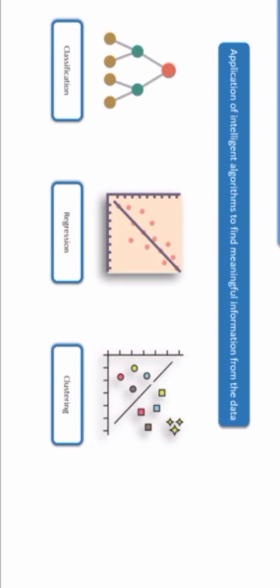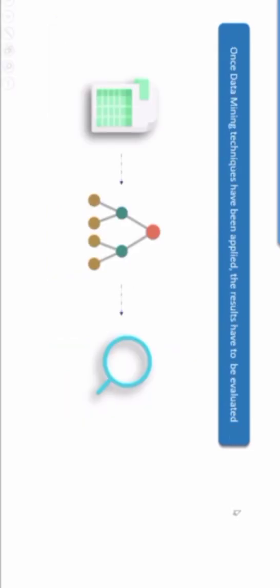And now, after you apply these ML algorithms, you will obviously get a result. But you cannot be sure that the result which you get is correct and useful. So this is where you have to evaluate the result, and this stage is known as pattern evaluation.